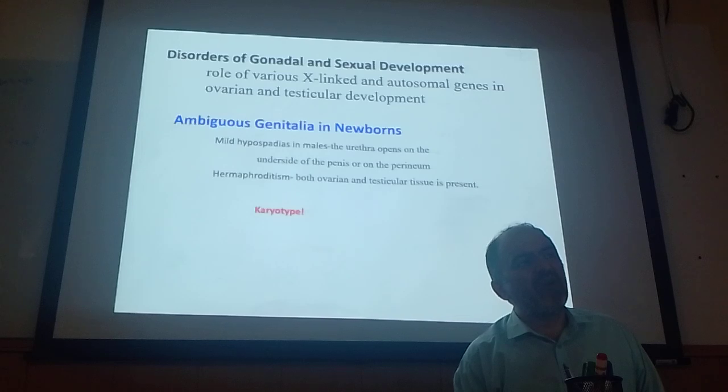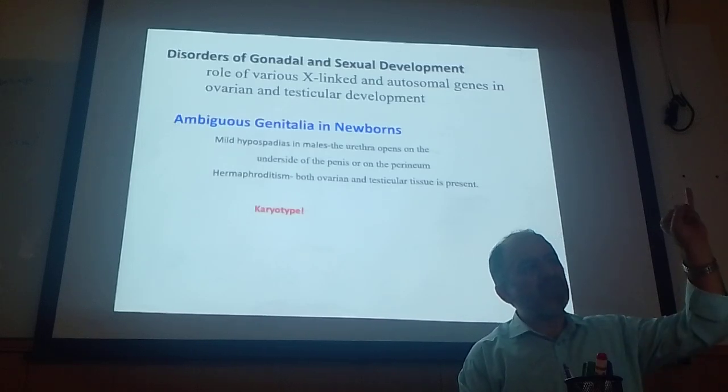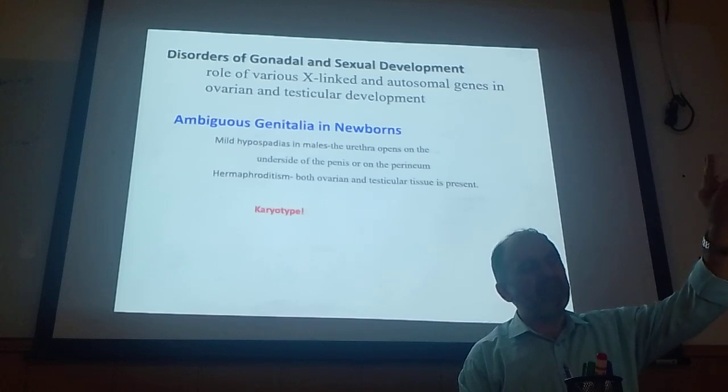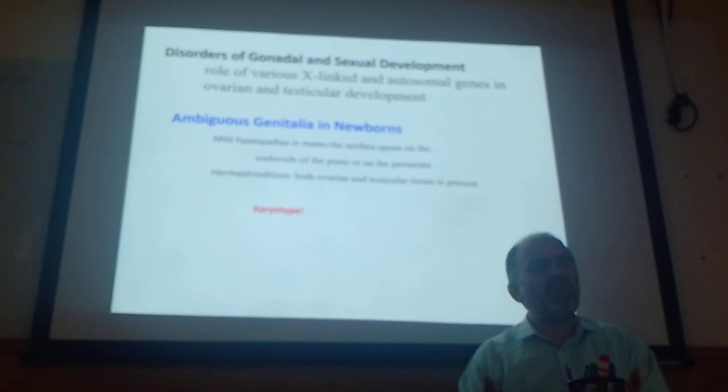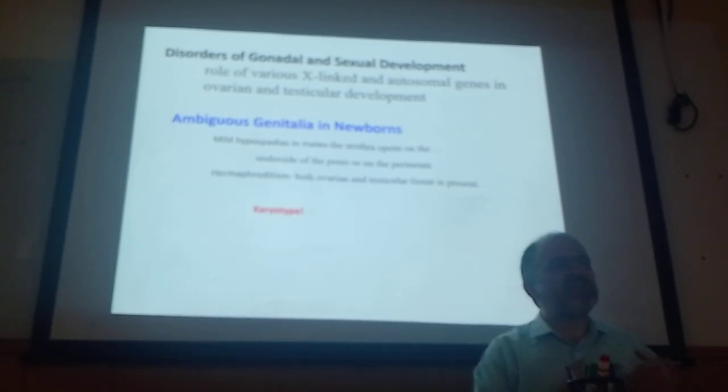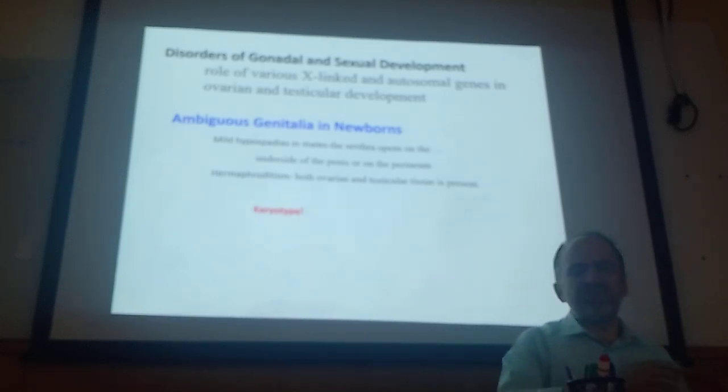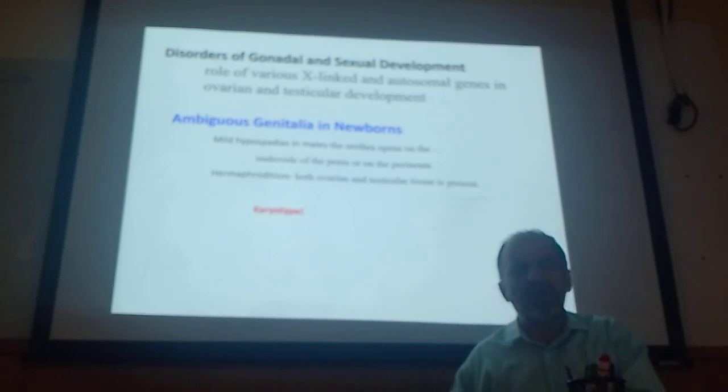Usually we work as a teamwork: a gynecologist, a pediatrician, the mother and father, a psychologist, plus a geneticist sit together to describe the patient. Okay, do we have ovary? Don't we have testes? Is it in the abdomen? Try to take it down.